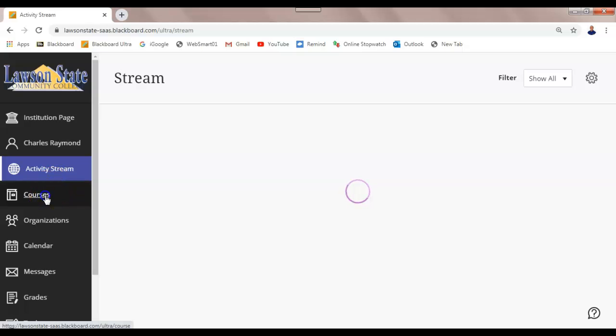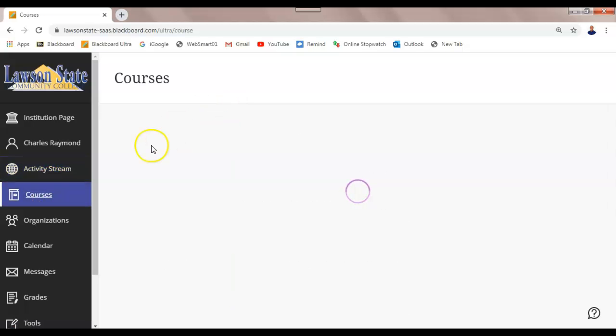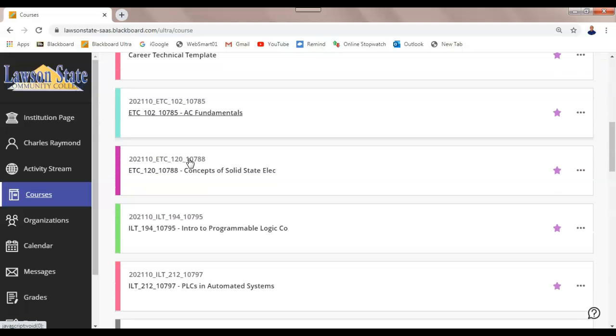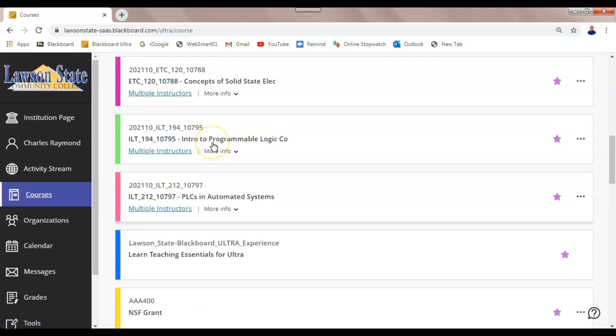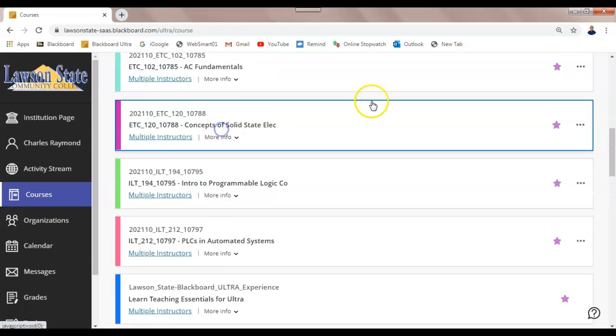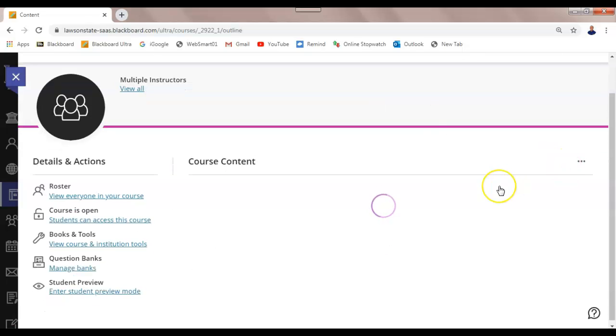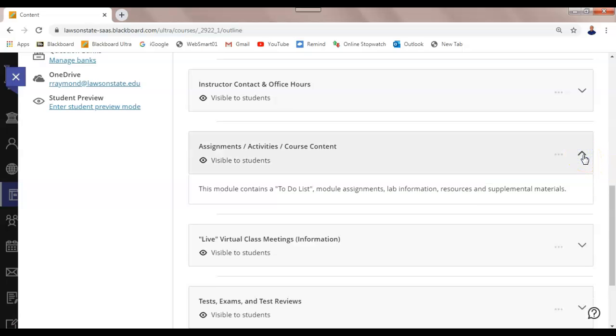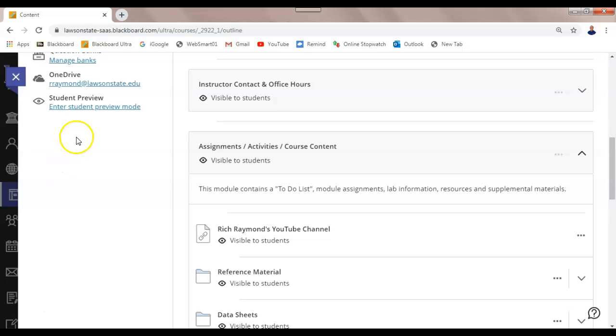So what I see is not exactly what you see. And so inside the course material, course content, we have a folder in here referred to as data sheets.